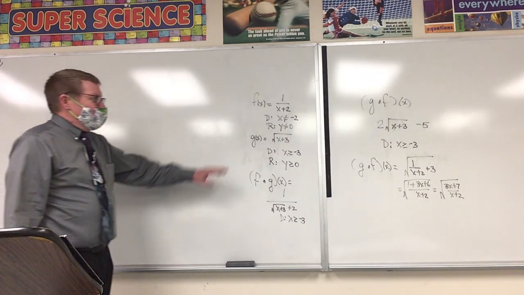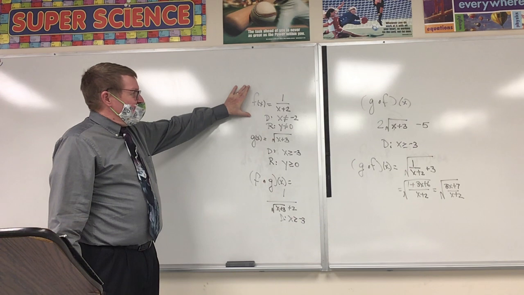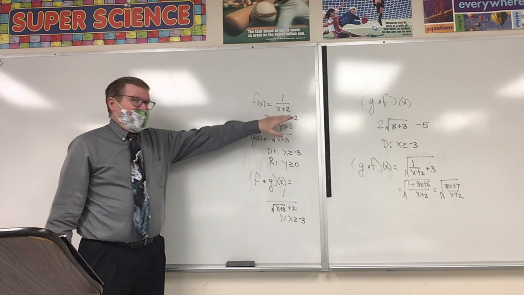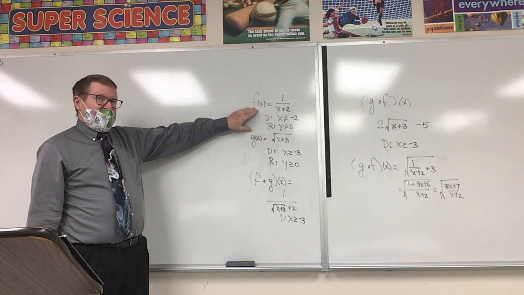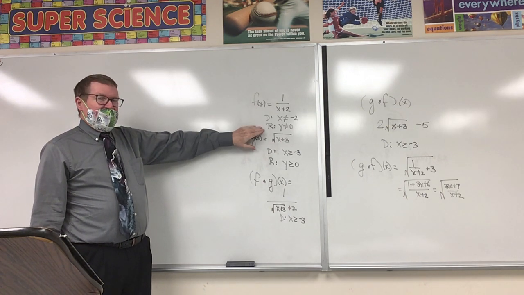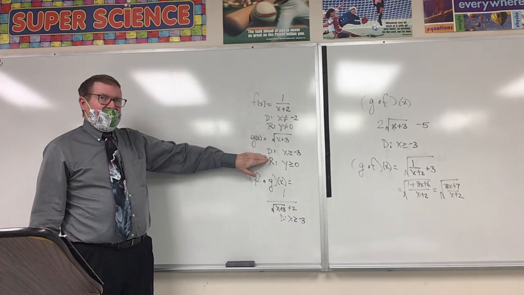Alright, so again, what's the domain of my first function? Everything but -2. What do I get? Anything other than 0. Am I allowed to use anything other than 0 here?